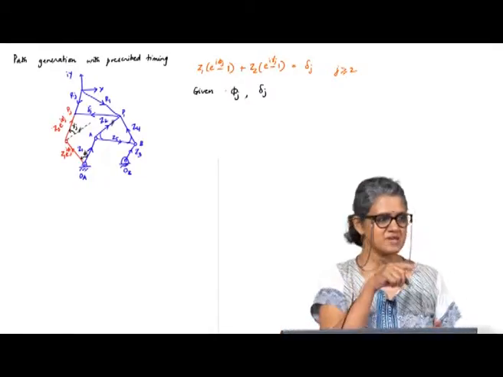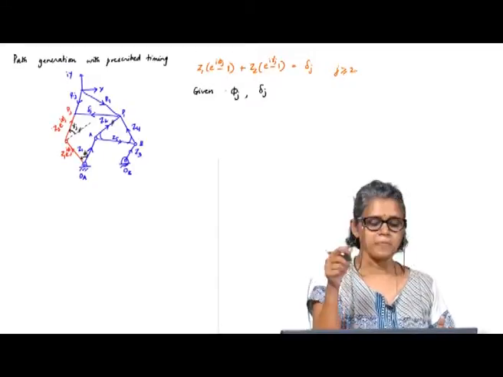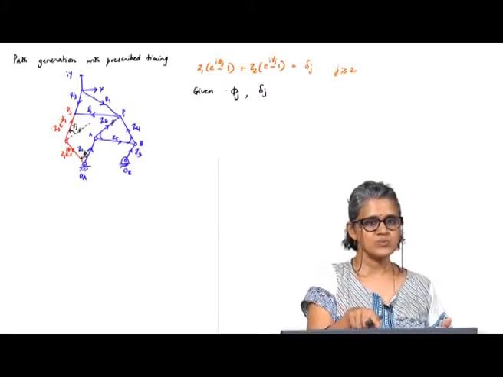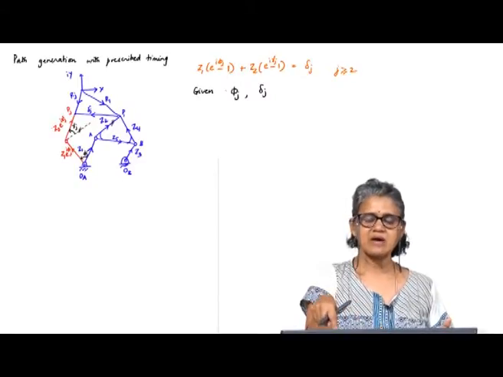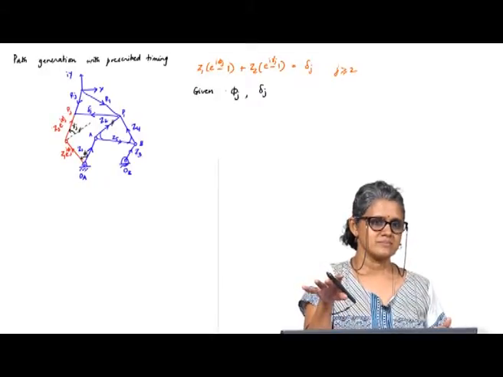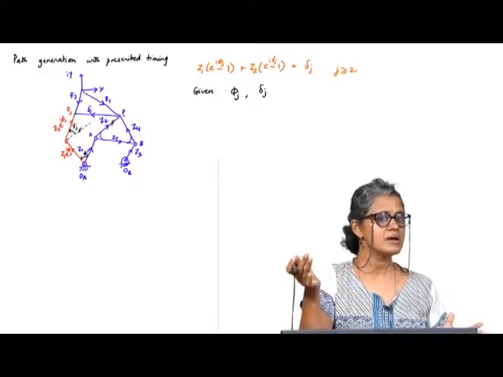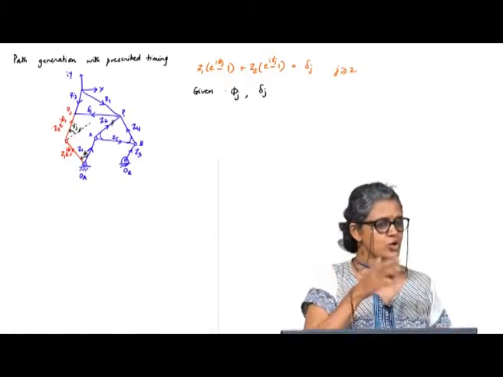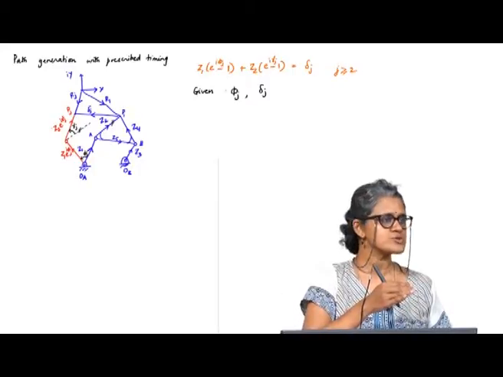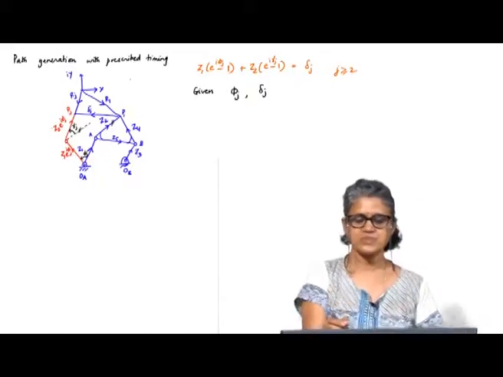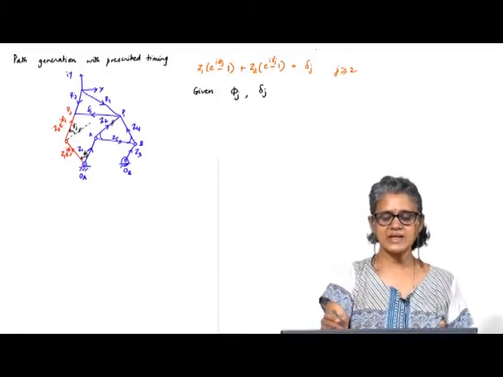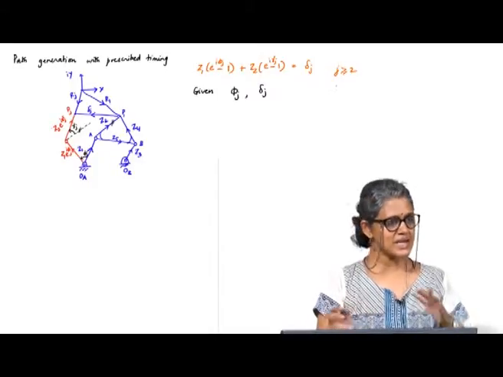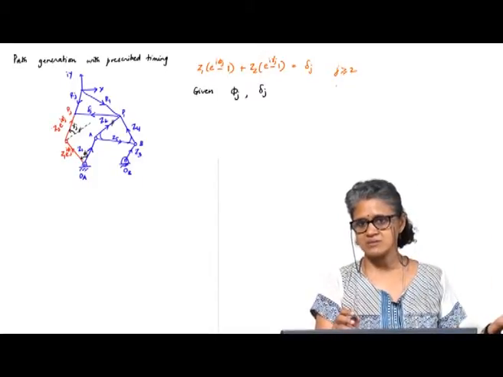Delta j, gamma j given is a motion generation problem. If you are given phi j and delta j, it is a path generation with prescribed timing. If I am given only delta j, then it is just a simple path generation problem. You do not have any conditions coordinating it with the input motion. But if you look at this, it is essentially identical because of the form of the equation. This problem is essentially identical to the motion generation situation.